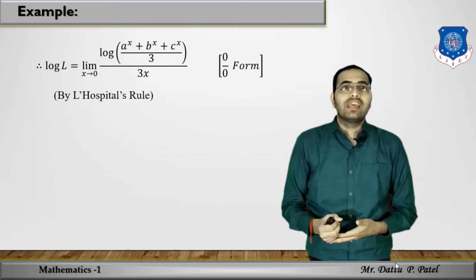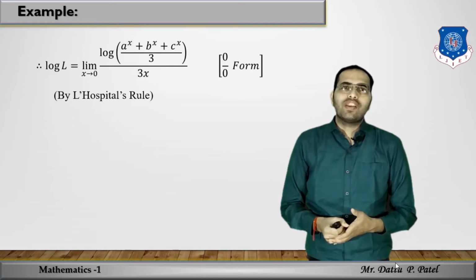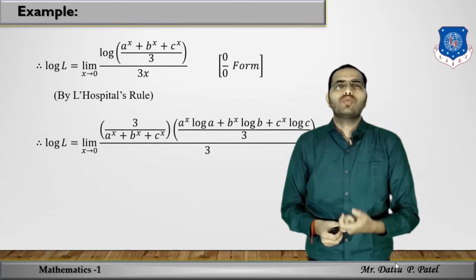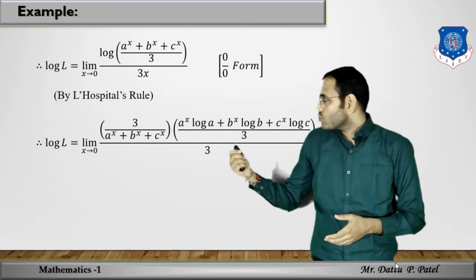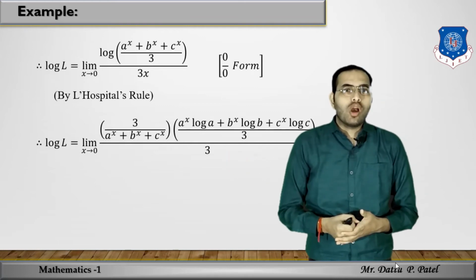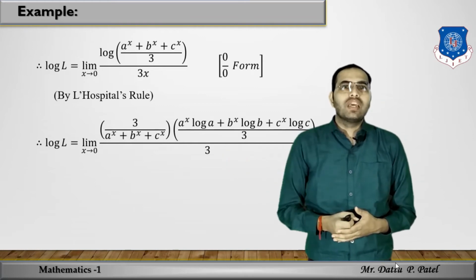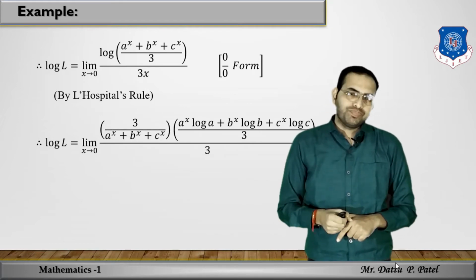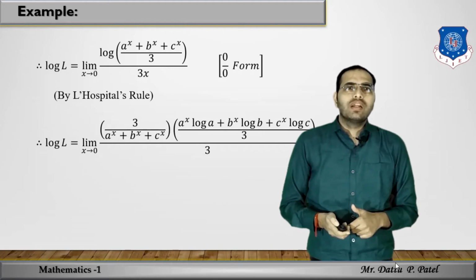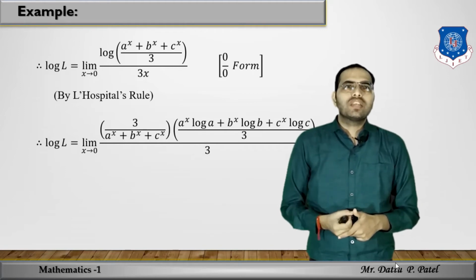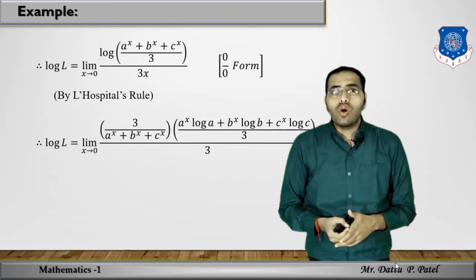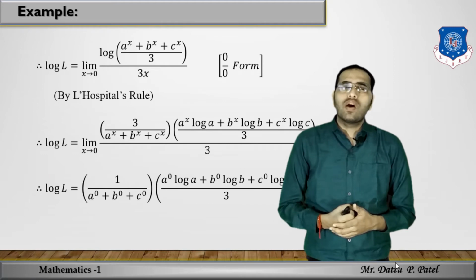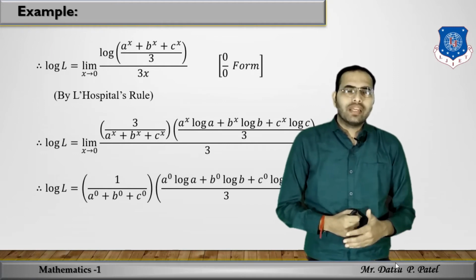Now applying L'Hopital's rule, the derivative of log x is 1 upon x, so we can write 3 upon a raised to x plus b raised to x plus c raised to x, into the bracket a raised to x log a plus b raised to x log b plus c raised to x log c, divided by 3, the whole divided by 3. Now simplify that term and apply the limit x tends to 0, anything raised to 0 is 1, so a raised to 0 plus b raised to 0 plus c raised to 0 is 1 plus 1 plus 1, that is 1 by 3.